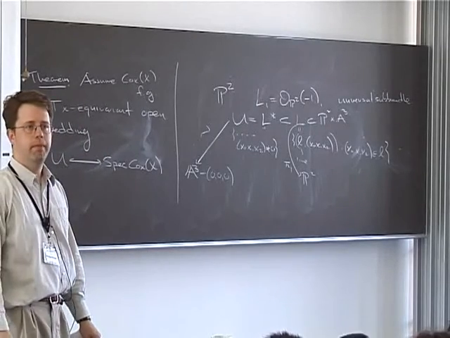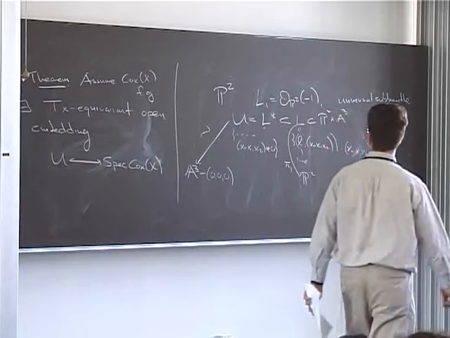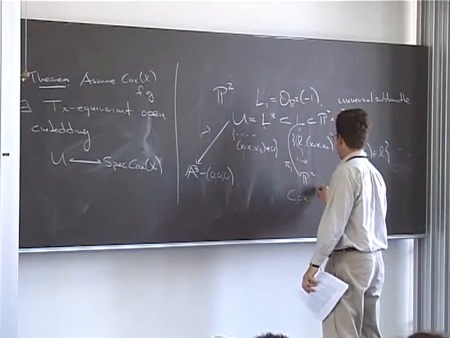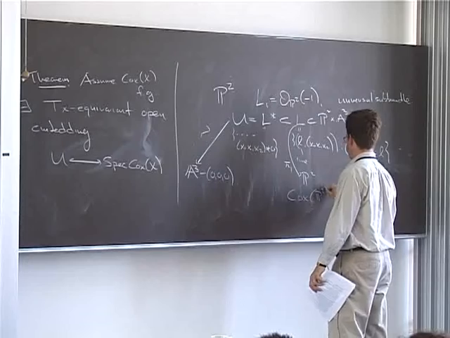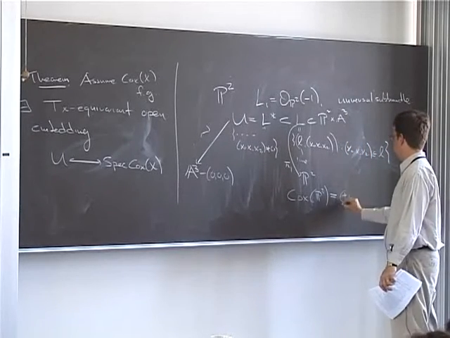Okay? Let's step back a little bit, come back to this example. What is the Cox ring of P2? Well, this is a direct sum.